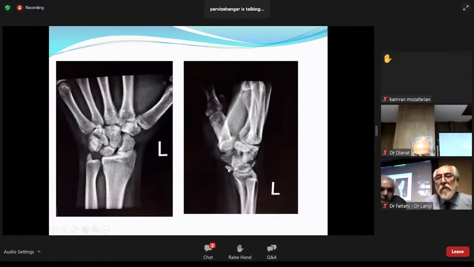This is a proximal scaphoid fracture dislocation. The proximal fragment dislocated from the scaphoid fossa to volar site. 8 weeks after injury, we faced with the patient. The next, please.